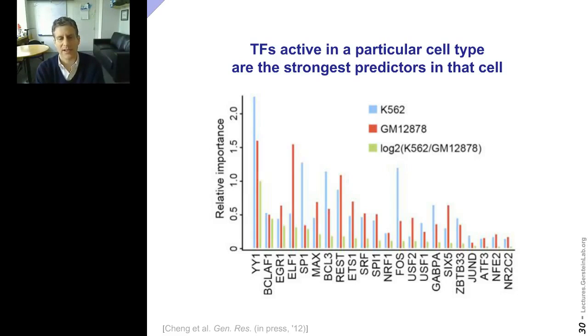In other cell lines, different TFs become very important. For instance, REST and ELF1 are very important in GM12878. And that's associated with the transcription factors that we know to be very important in those particular lineages. For instance, ELF1 we know to be very important in the white blood cell lineage.